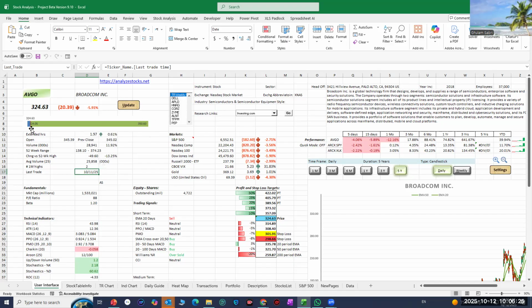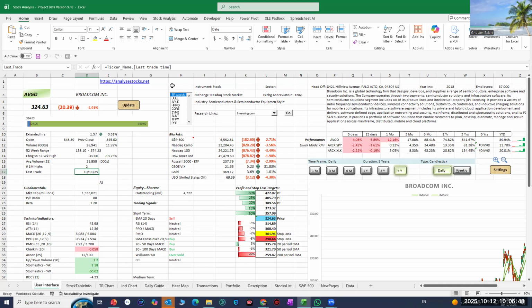It was on the lower side, closing at 324.63. At one time it was 350. That was a sharp decline, and it was a broad decline across the stock market, with most stocks affected by the tweet by President Trump on China tariff news.